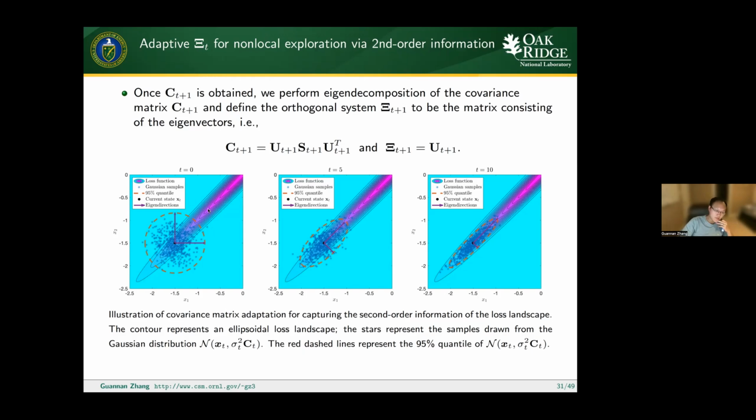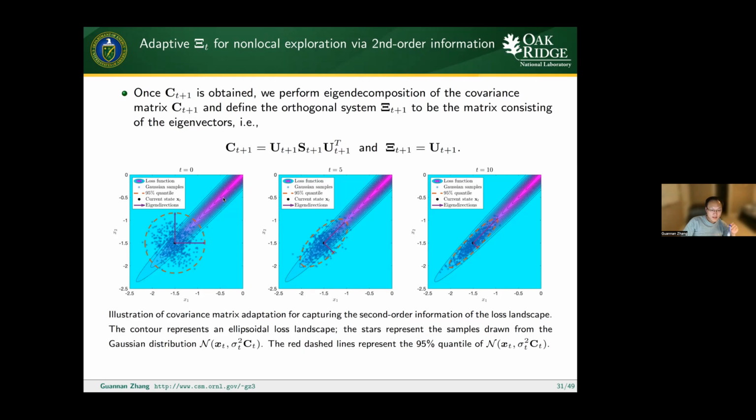If the current state is right here, we want to determine in which two directions we should do the 1D exploration. This is a 2D case. The canonical direction is, of course, along the original coordinate system, which is not very efficient. The best direction is along the diagonal, as we can see.